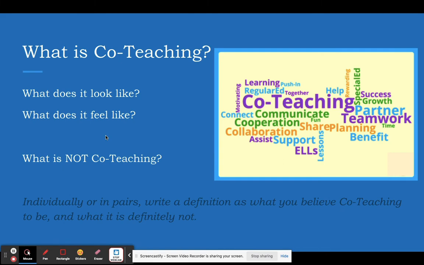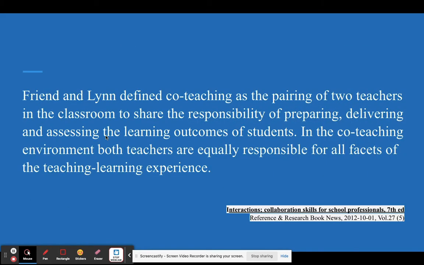Okay, hopefully that's allowed a little bit of discussion of what it does and what it feels like. As I said, Lynn and Cook, or Friend and Lynn, this is how they define co-teaching: two teachers in the classroom sharing the responsibility of preparing, delivering, and assessing the learning outcomes of all students.